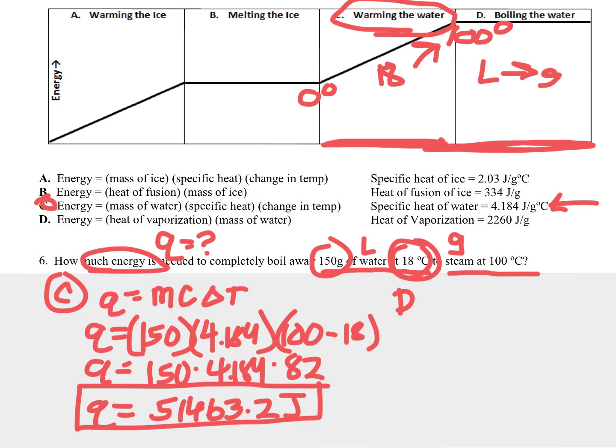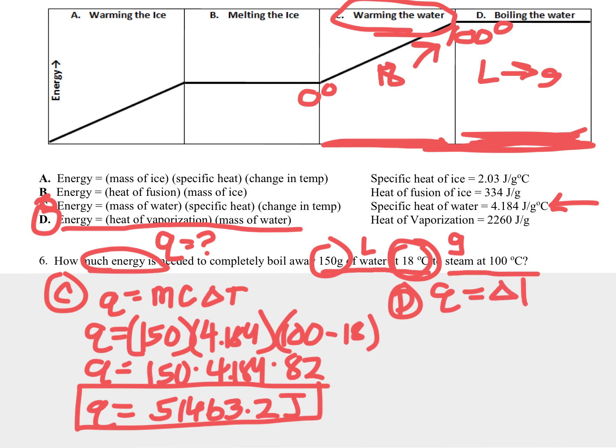But once it gets to 100 degrees, it's going to start boiling. So we know for that part, for part D, it's just our energy equals our heat of vaporization times our mass. So Q is going to be equal to our value of our heat of vaporization, HVAP, times mass. So we can plug that in really quick.